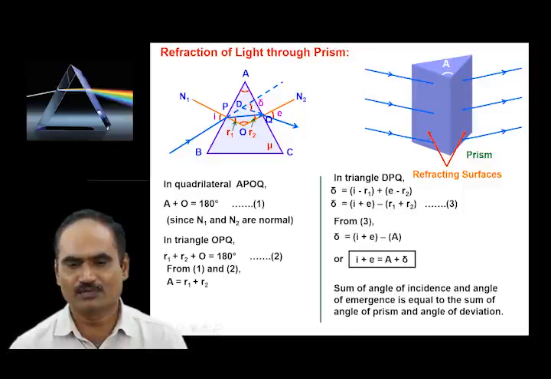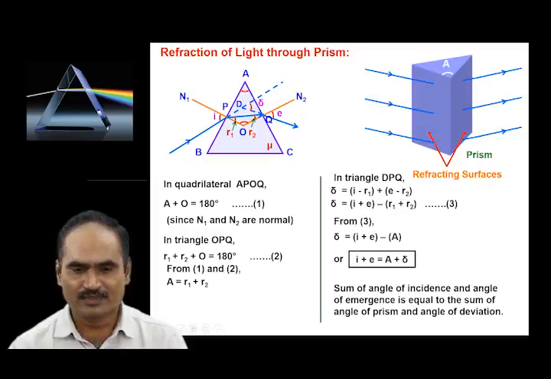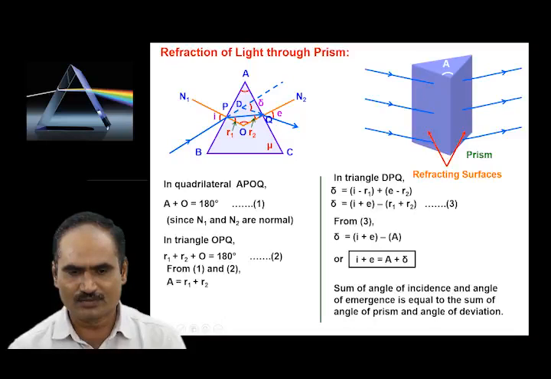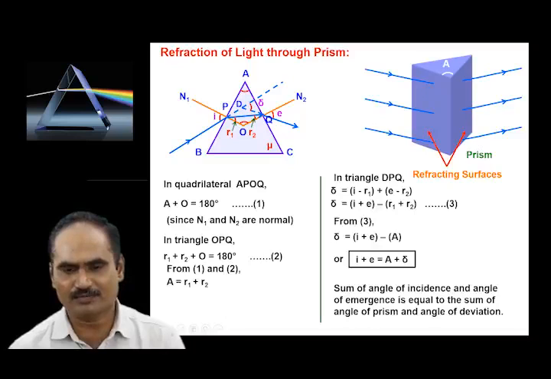So delta is equal to these two angles. This angle is I minus R1, and this is E minus R2. By using the exterior angle property, we can write delta is equal to I minus R1 plus E minus R2.